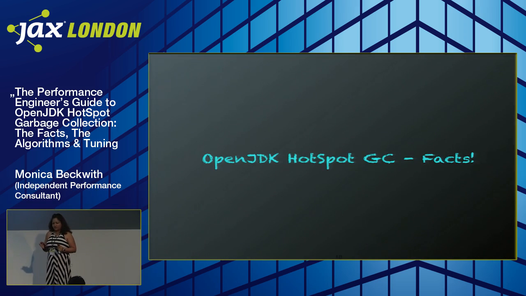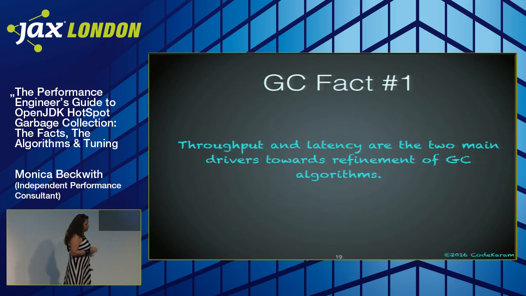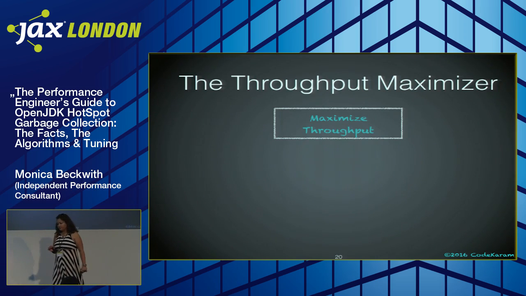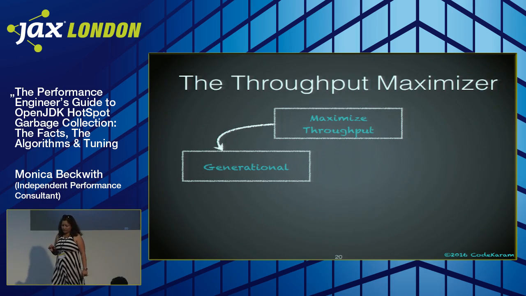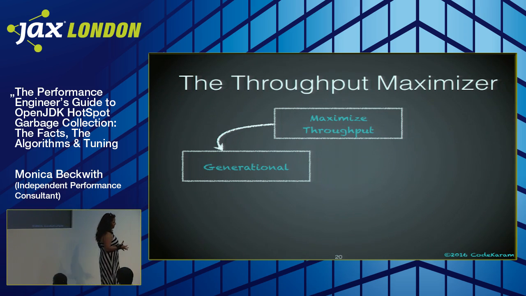All right, so let's move on to the facts of OpenJDK HotSpot GC. Like I said, throughput and latency are the two main drivers towards refinement of GC algorithms. So let's design a throughput maximizer, okay? I mentioned generational garbage collectors. All OpenJDK HotSpot GCs are generational, and the reason is that most new allocations die young.